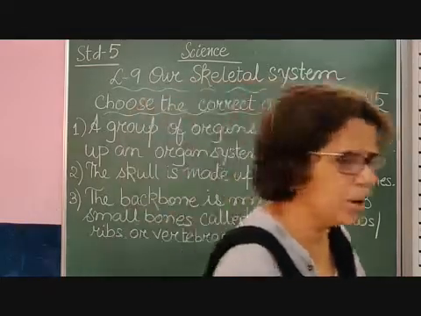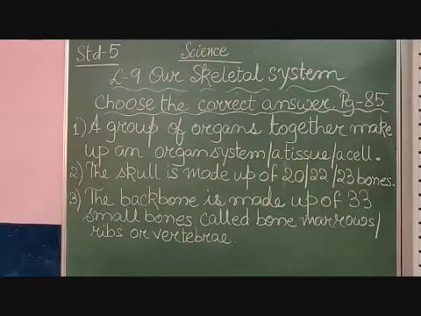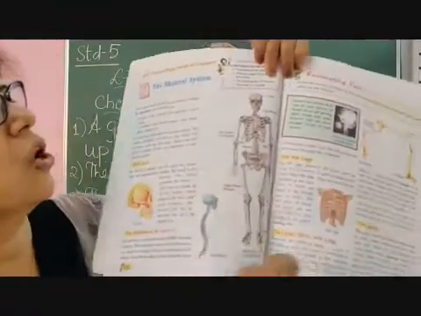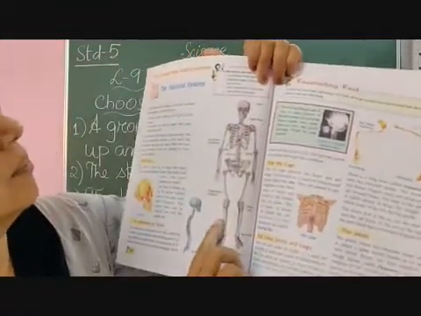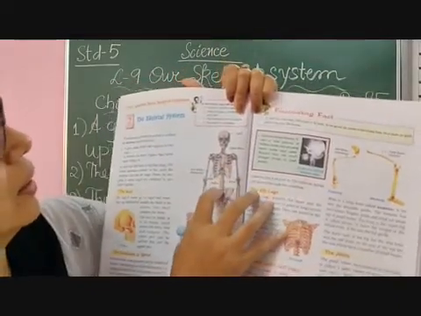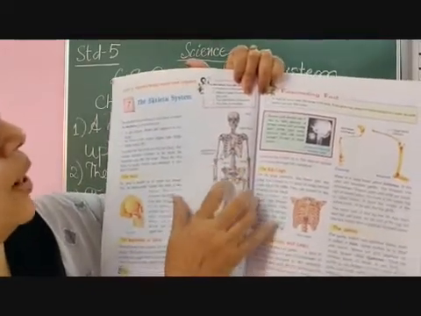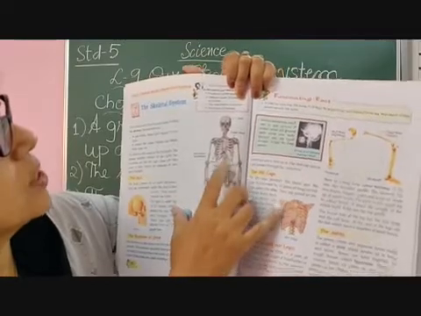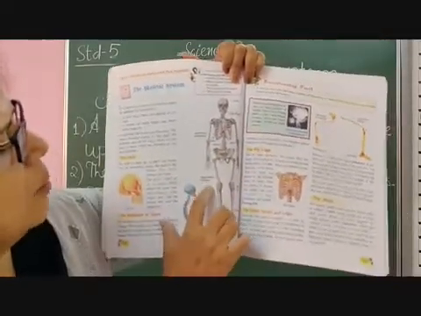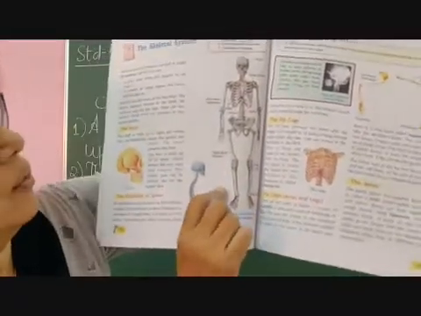So just have a look, children. As you can see, this is your skeletal system, where you have the skull, the collarbone, the shoulder blade, arm bone, ribs, spine, spinal cord, hip girdle, and the thigh bone, that is the femur, which is the longest.